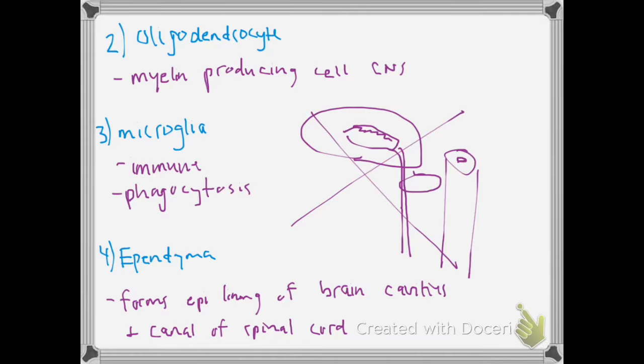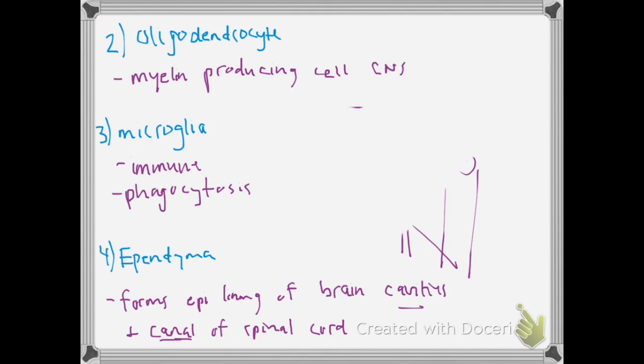We'll talk about this stuff more in Unit 4. I just wanted to give you this idea of this canal of the spinal cord and these brain cavities. So those are our four CNS glial cells, and now we need the peripheral nervous system glial cells.